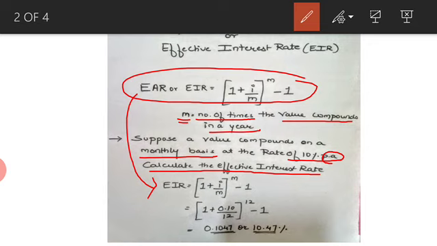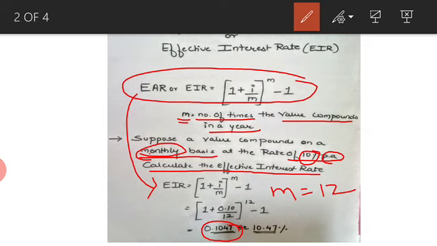So 1 plus 0.10, because it is 10%, divided by 12 because it is monthly. When it is monthly, m becomes 12. So (1 plus 0.10 divided by 12) the whole raised to 12, because it is raised to m, minus 1.